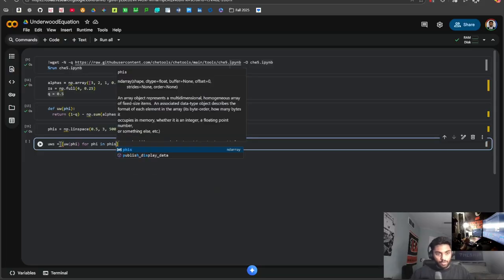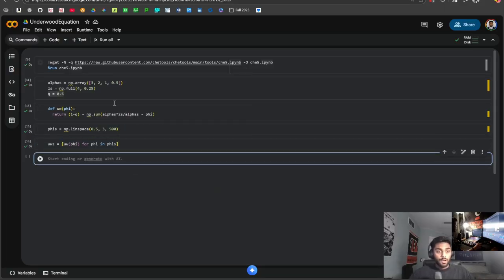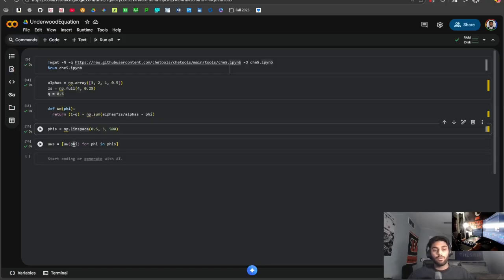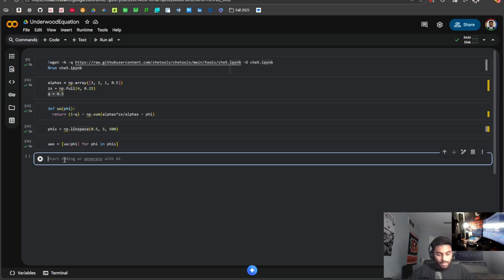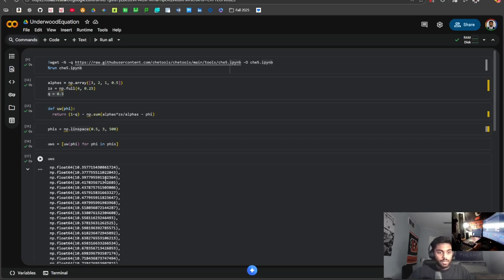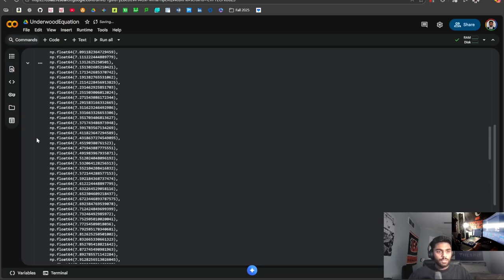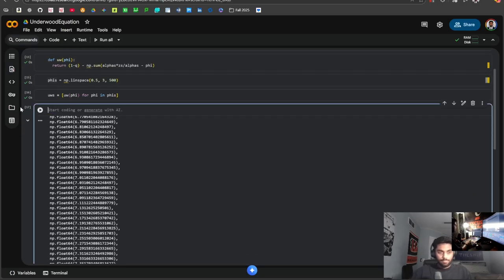So these are basically defined variables that we have here. These are linearly spaced, and it's going to return and compile each value for each calculation using the Underwood. So if I take a look at what that is, we see that we have a bunch of numbers that we can plot.